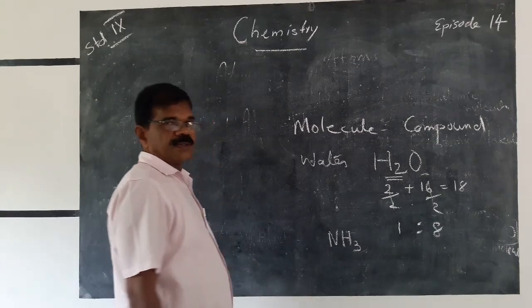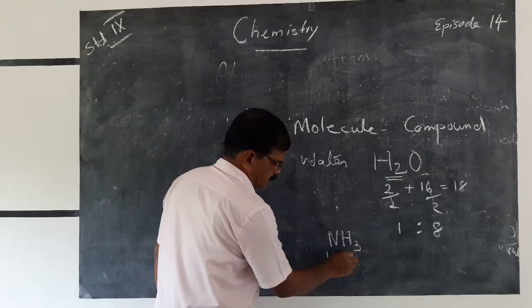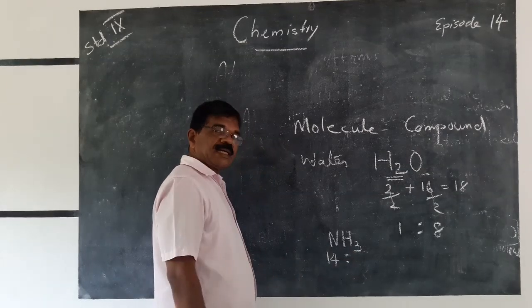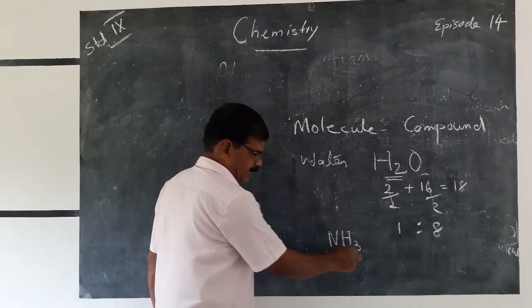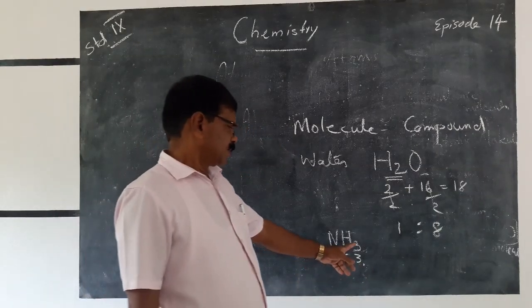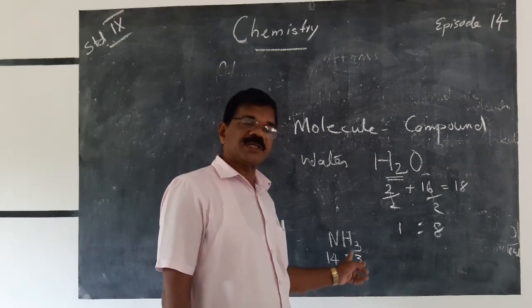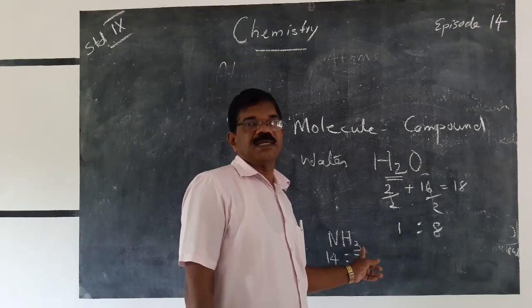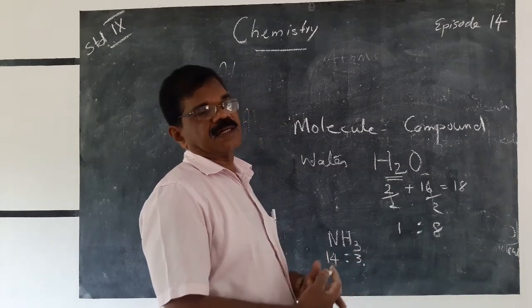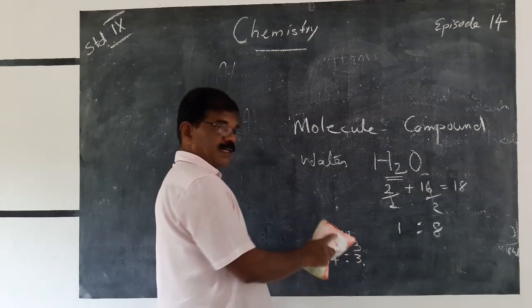The atomic weight of nitrogen is 14, and the mass of one hydrogen is 1, therefore 3 hydrogen is equal to 3. Therefore, the molecular formula of ammonia is NH3. They always combine in the ratio of 14 is to 3. They combine by mass ratio. These are the molecular formulas of different substances.